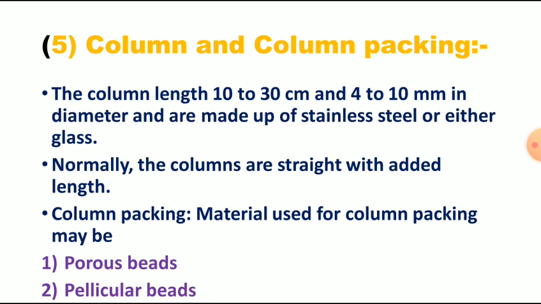See, the fifth component is the column and column packing. That means what material is used for making the column and what type of stationary phase is used for packing that column, which we are going to see now.